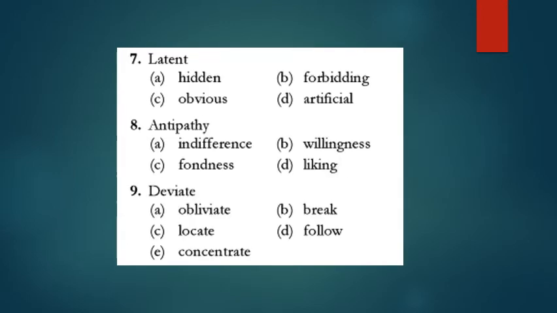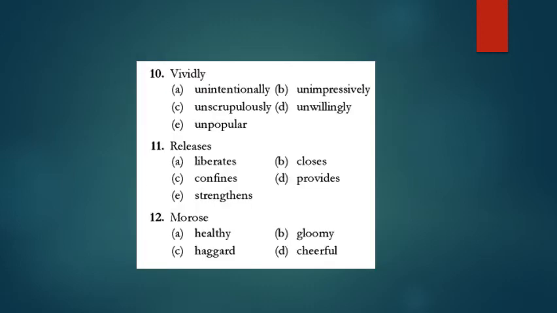Latent: hidden, forbidding, obvious, artificial. Antipathy: indifference, willingness, fondness, liking. Deviate: obviate, break, locate, follow, concentrate. Vividly: unintentionally, unimpulsively, unscrupulously, unwillingly, unpopular.